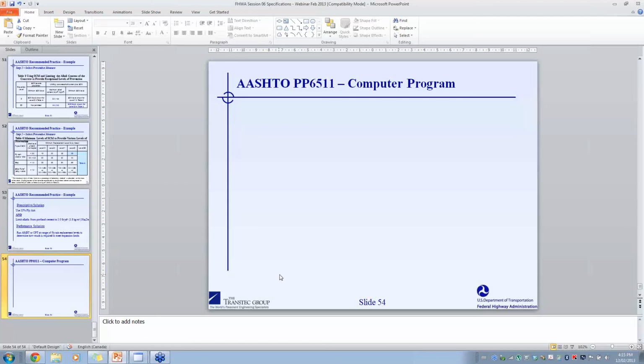Okay, fair enough. The next question is about the AASHTO program. Do you enter the total alkali or available alkali content for the fly ash? It's the total. And the reason for that is that the available alkali content that used to be an option in C618 is kind of a misnomer.